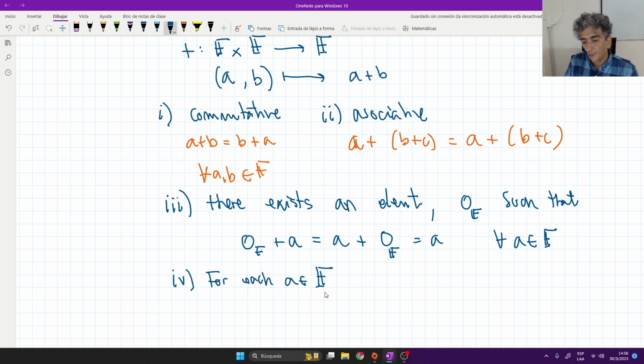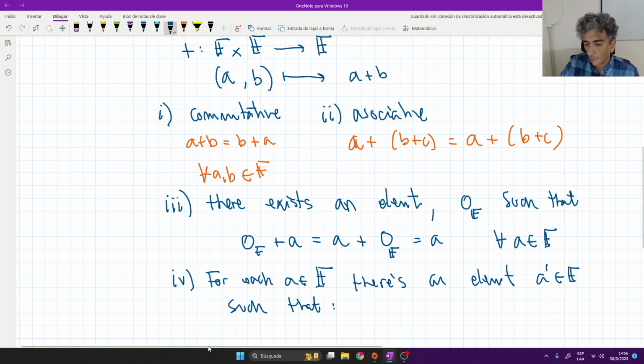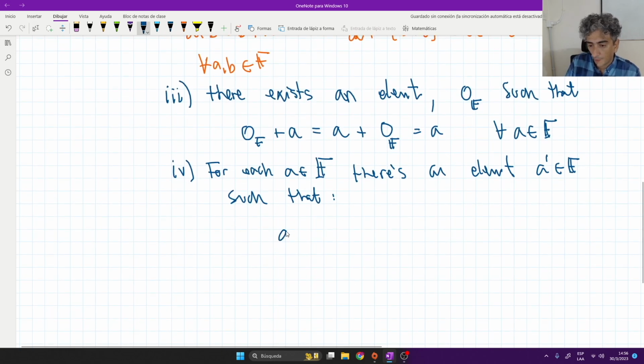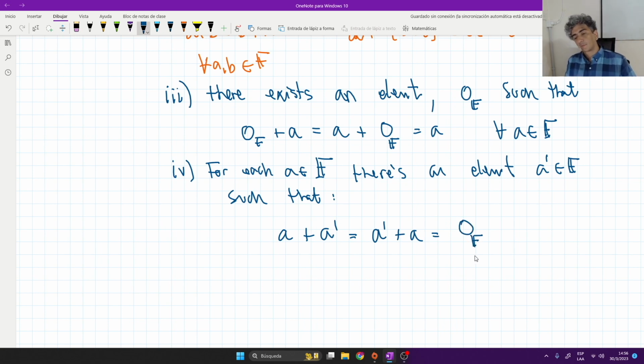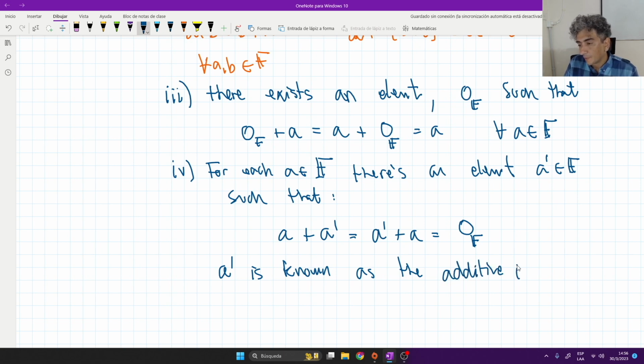For each a belonging to F, there's an element a prime also in F such that a plus a prime equals a prime plus a, and this is 0 sub F. A prime is known as the additive inverse for a.